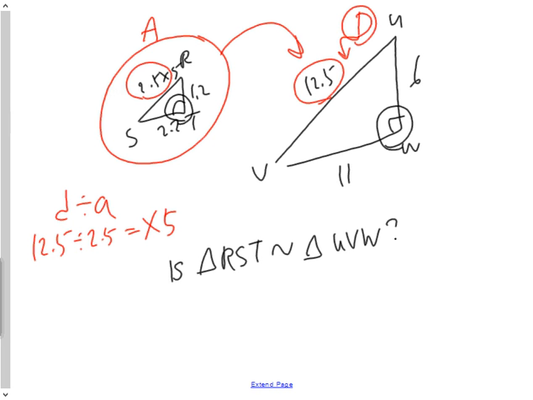Now, if every side and its corresponding side is multiplied by 5, if this times 5 is 6 and this times 5 is 11, then we are okay. Then it is proportional.